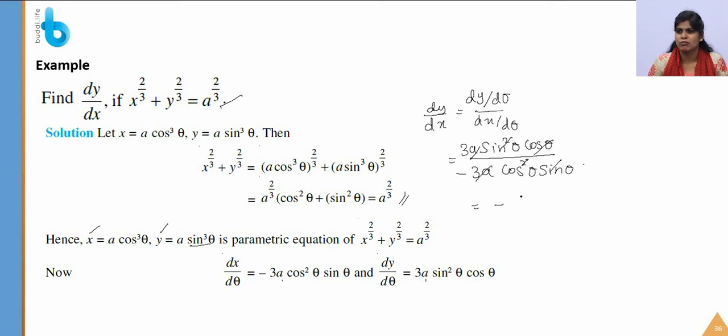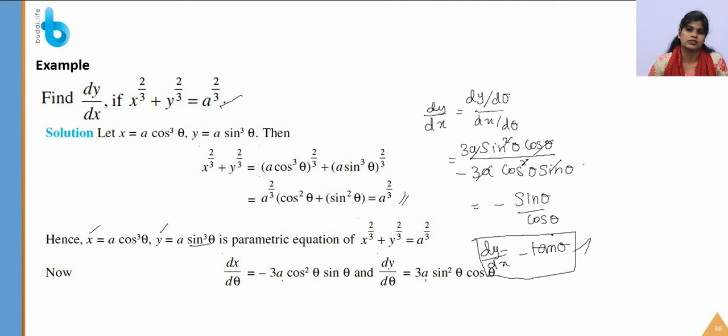So what we have is minus sin theta by cos theta, and sin theta by cos theta is tan theta. So we have minus tan theta. Therefore dy by dx is minus tan theta, and that's the answer.